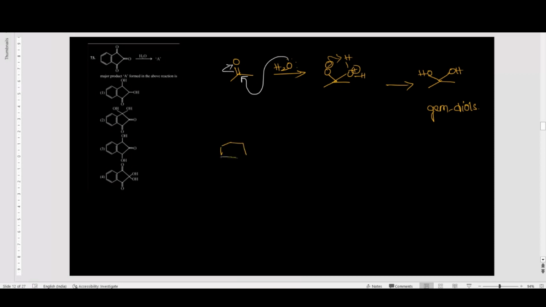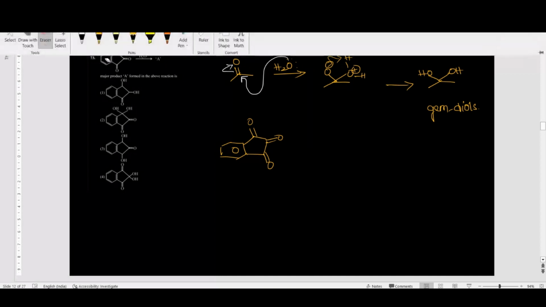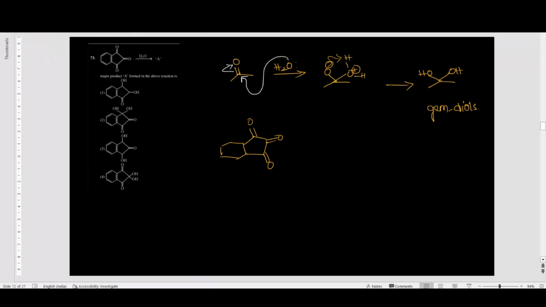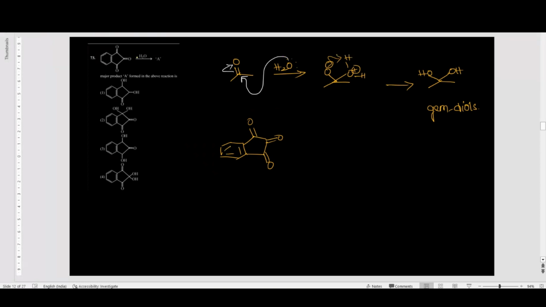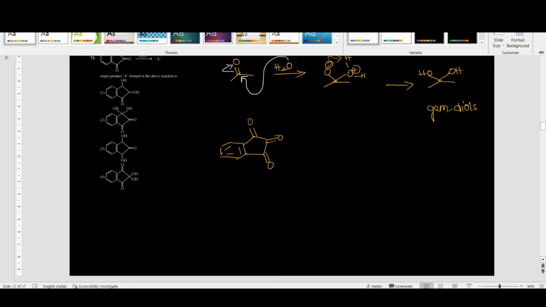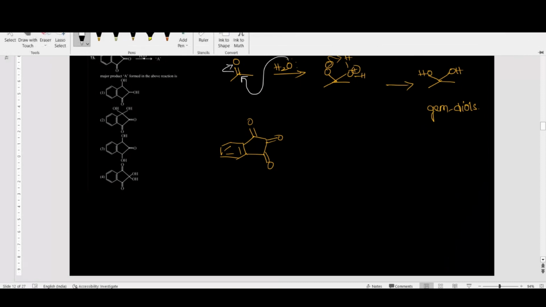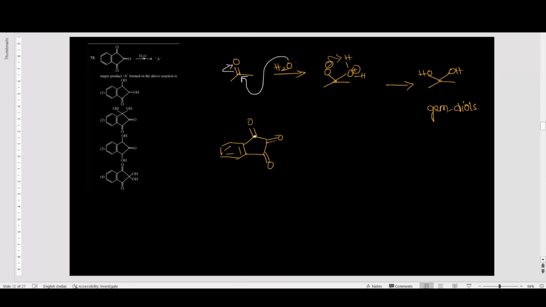Here there are three ketone groups, but you can check. Let me write it over here, and then let me explain. C double bond O, C double bond O, and C double bond O, right? So here you can check: here also C double bond O, here also it's there, here also it's there. Where should this water attack?